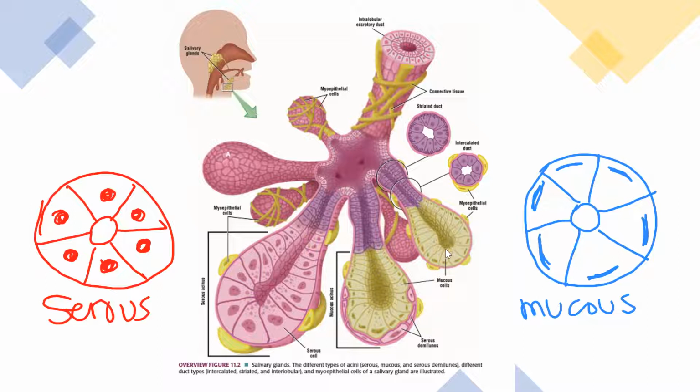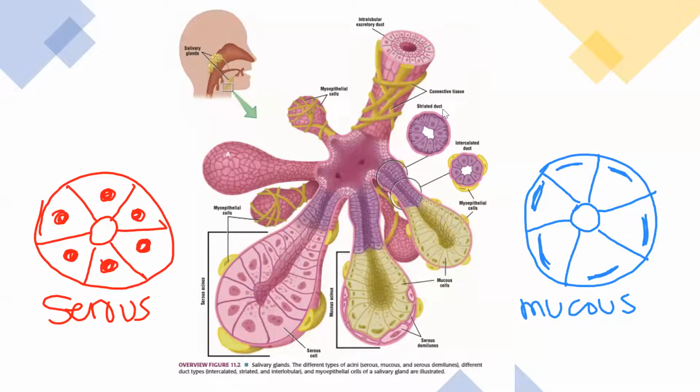This group of cells sends their secretion to a very small, tiny duct. These tiny ducts are called intercalated ducts. Intercalated ducts can make a larger duct, which we call a striated duct.